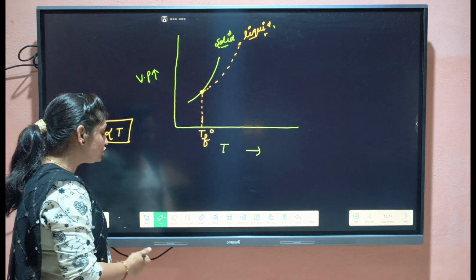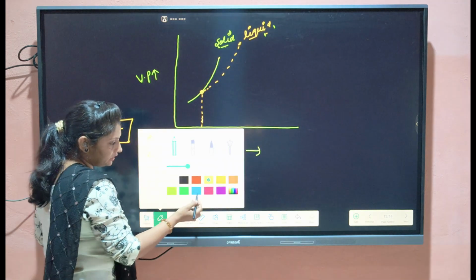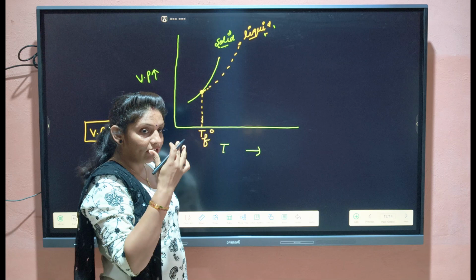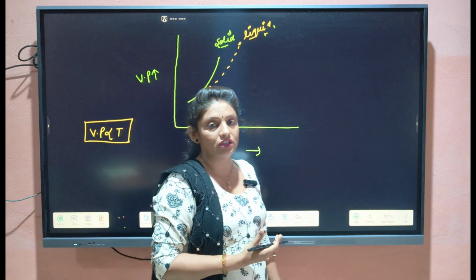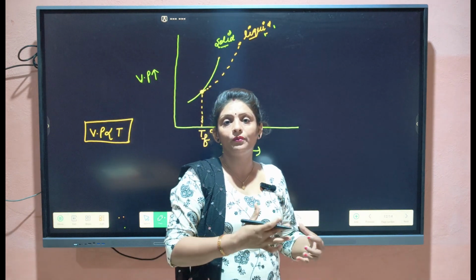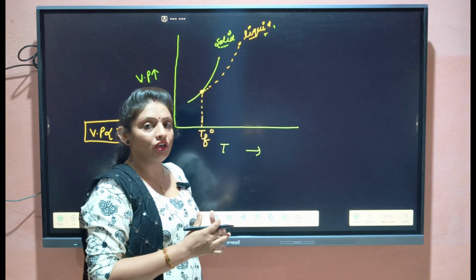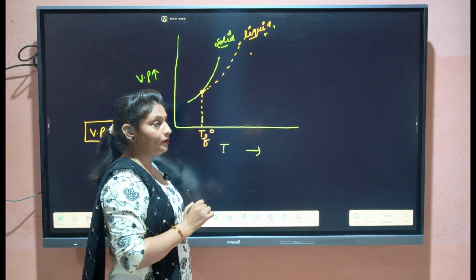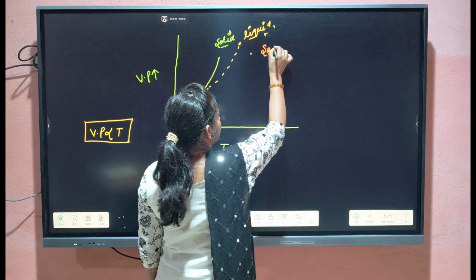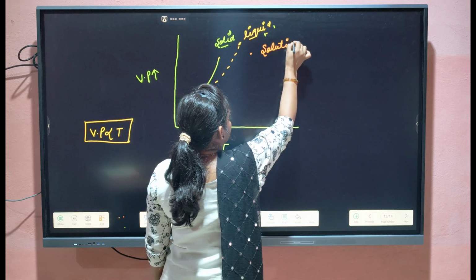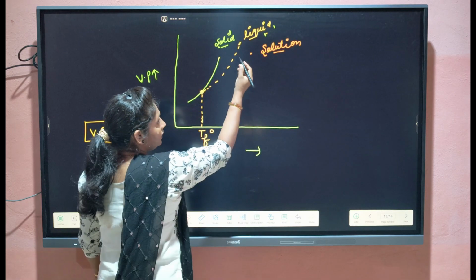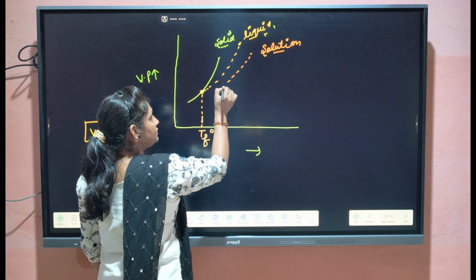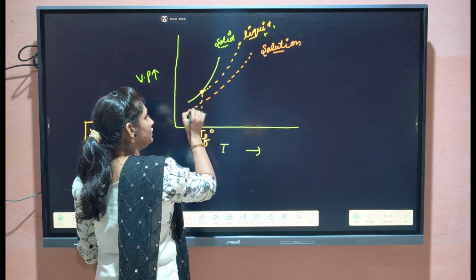If I add some solute into this, it becomes a solution, and vapor pressure of the solution is always less than vapor pressure of the pure liquid. So consider it is the vapor pressure of the solution. Now again, when we decrease the temperature, vapor pressure also decreases.